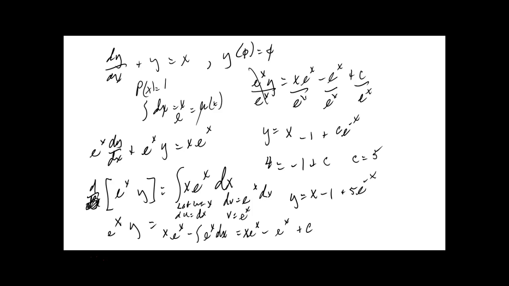Because as x gets very large, this thing goes to 0. e to the minus 700 would be 1 over e to the 700, an incredibly small number. So we're approaching, as a slant asymptote, that line x minus 1.